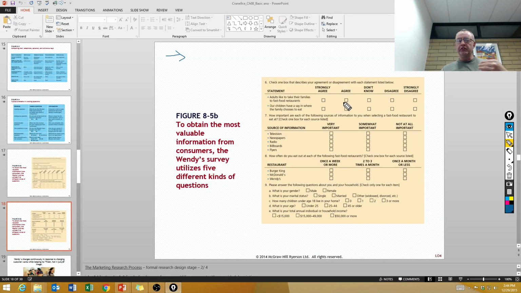There's a couple of examples of ethnographic research in the book. Office Max, the office supply store, watched people buying certain products together or at the same time, and then they decided to move those products closer together to make it more convenient for the shoppers.